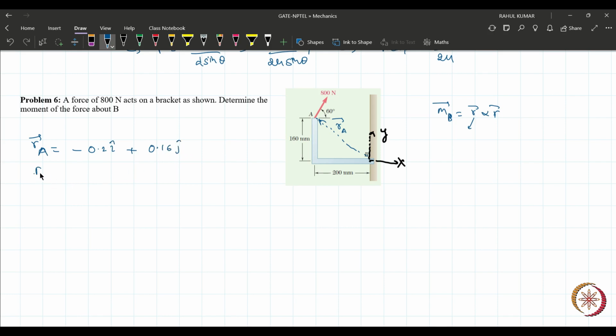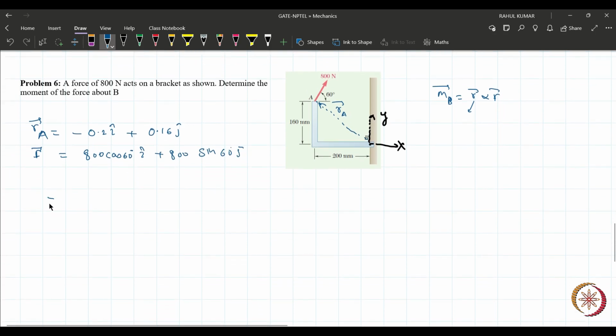Now, what is the force vector? Force vector is 800 cos 60 degree I cap plus 800 sine 60 degree j cap. Now just put this here. Moment about point B will be R cross F.